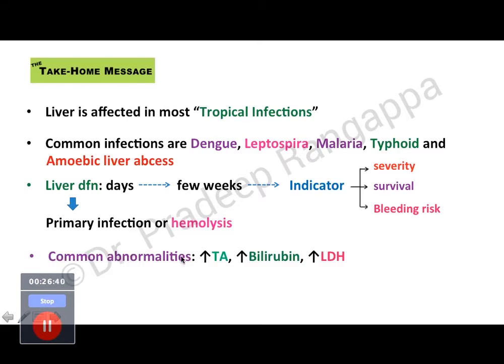The common liver abnormalities are raised transaminases, increase in bilirubin, and increase in LDH. And the typical pathological features, if you remember this figure: it causes necrosis, it causes degeneration, it causes acidophilic body or pigment deposition, and invariably all tropical infections have inflammation of the portal tracts and cholestasis, and there is Kupffer cell hyperplasia.